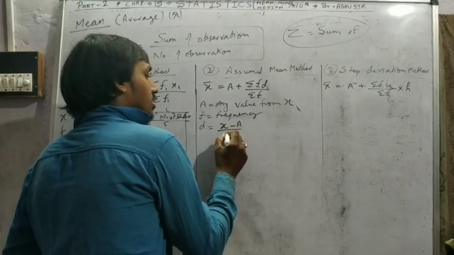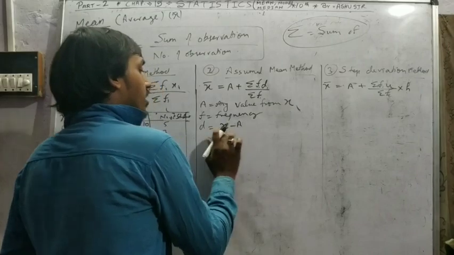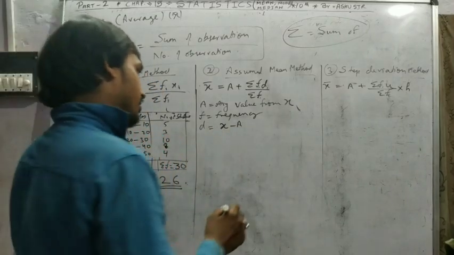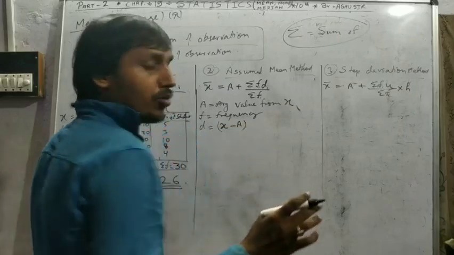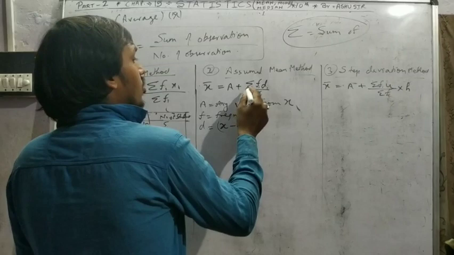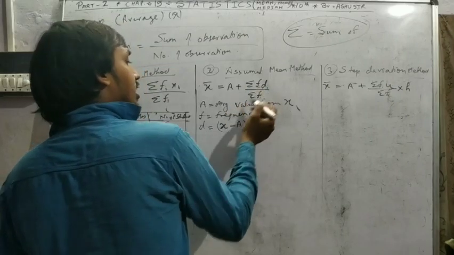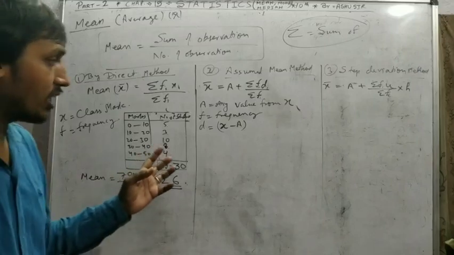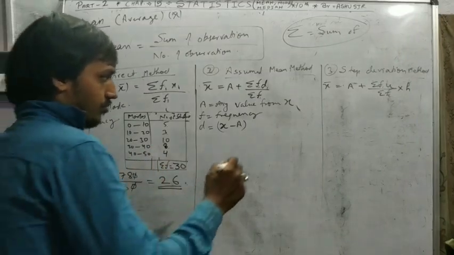It can be either positive or negative, it doesn't matter. So f, d and a are explained. Now you can make the table firstly.